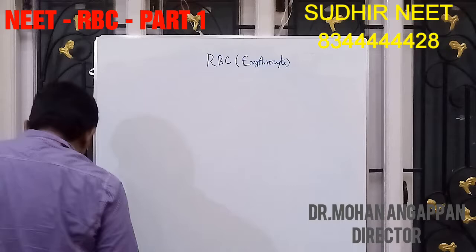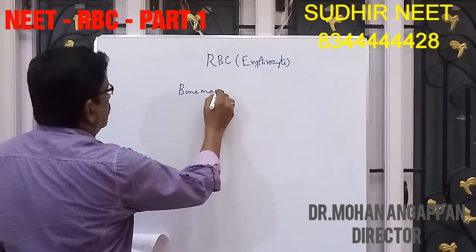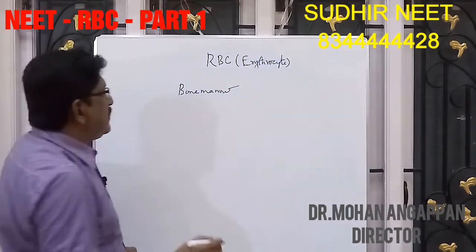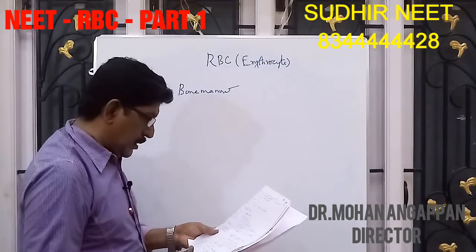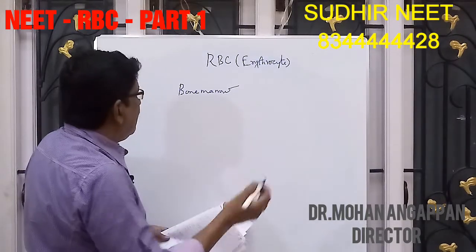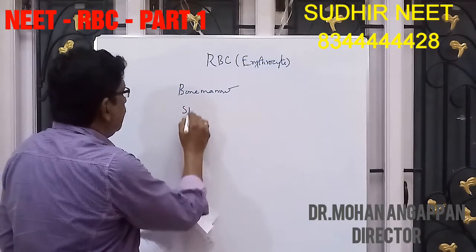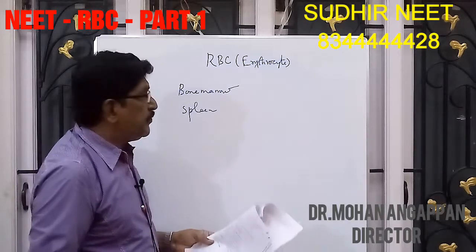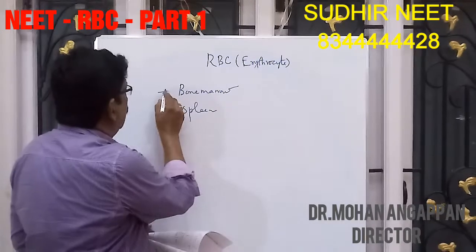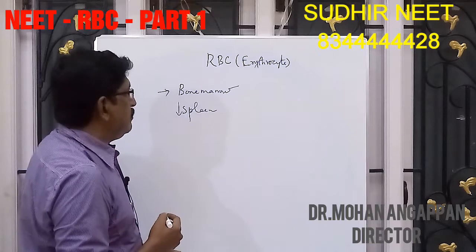It is formed in the bone marrow. So RBC is formed in the bone marrow. It is destroyed in the spleen. So it is produced in bone marrow and destroyed in the spleen.